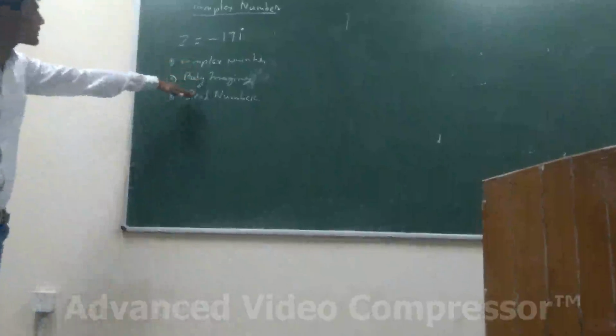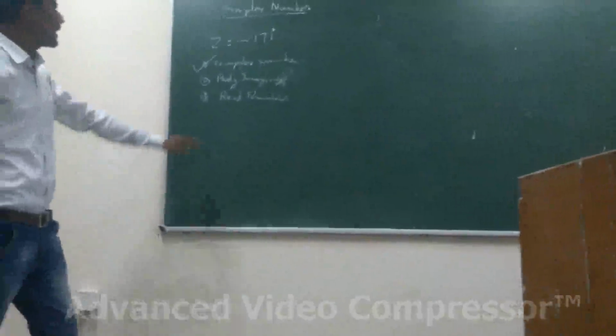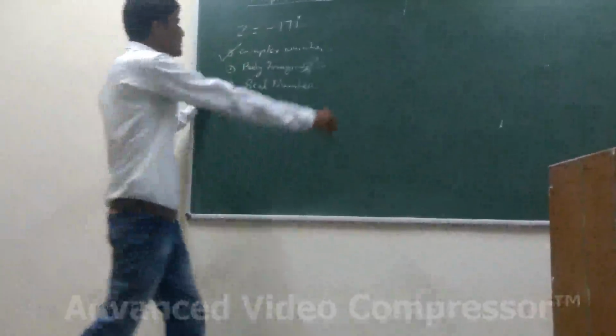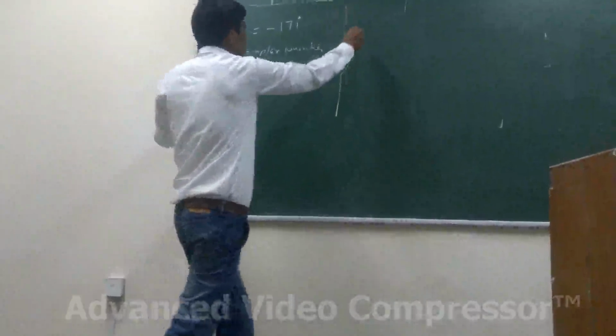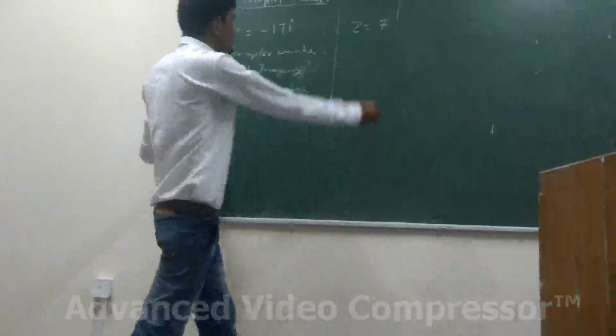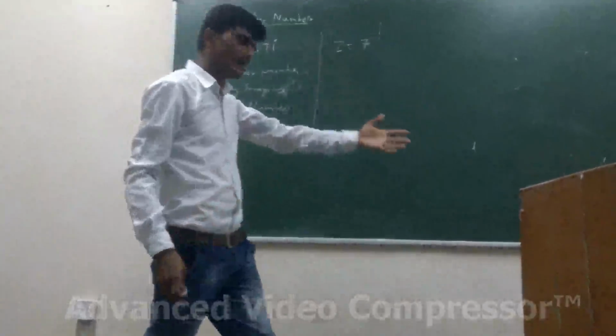Here the option is a complex number where we cannot say one part is 0. Next, some other example like z is equal to 7. We can say it is a pure real number.